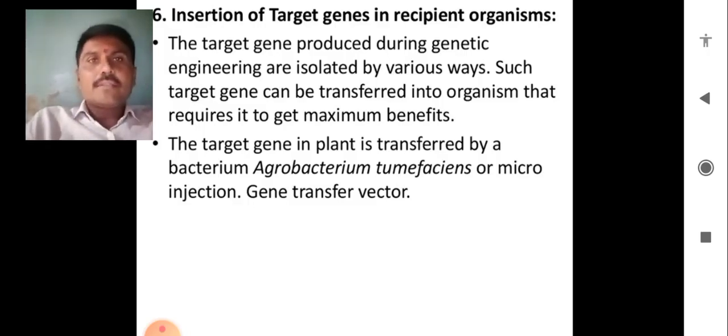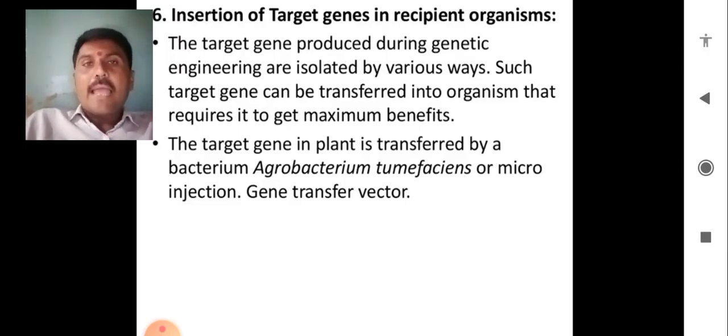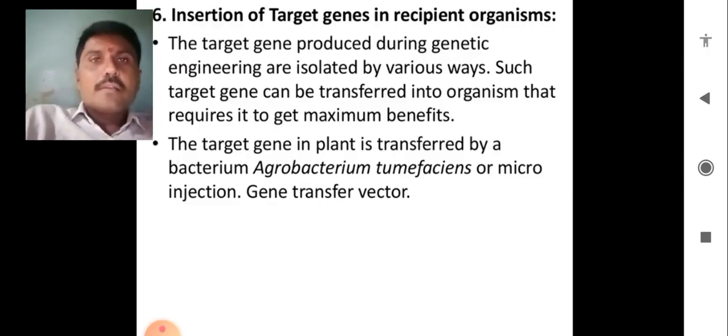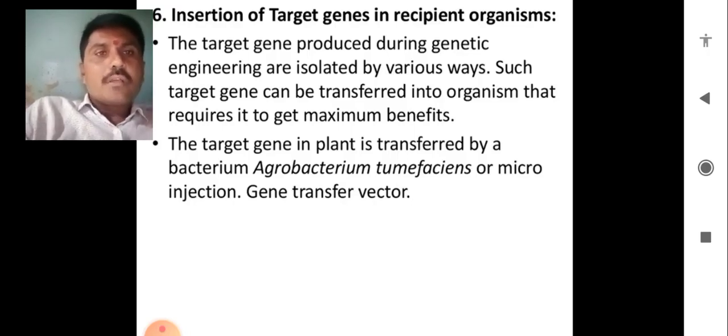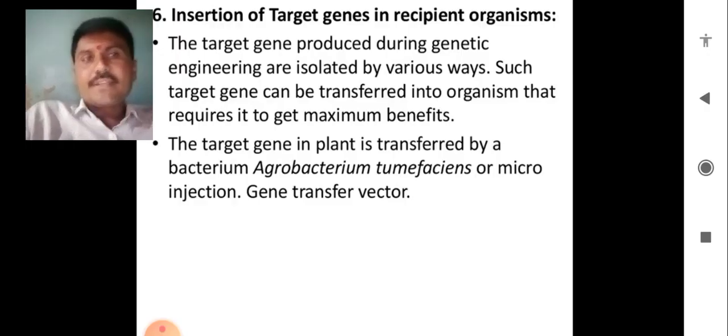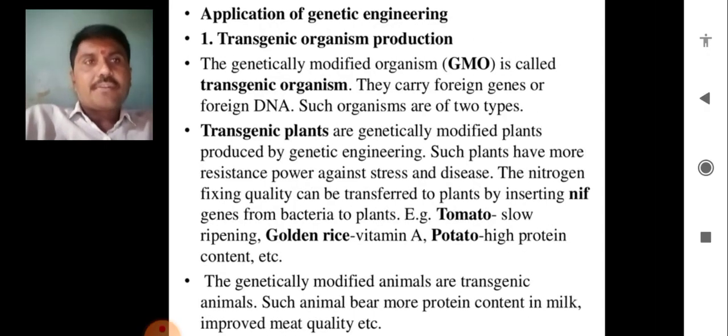So I repeat, the target gene in a plant is transferred by the most common specific bacterium, Agrobacterium tumefaciens. This bacterium is well known for the production of tumors on the roots of plants, and it helps to inject the gene transfer vector.